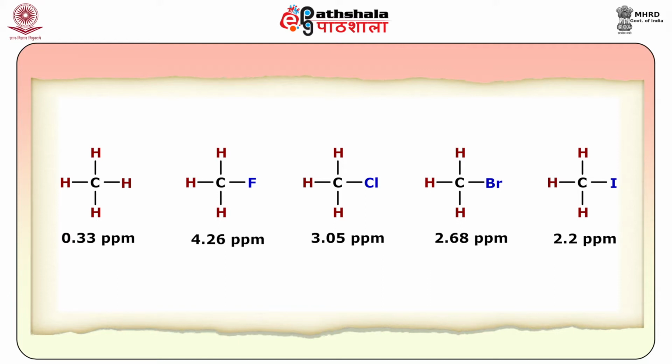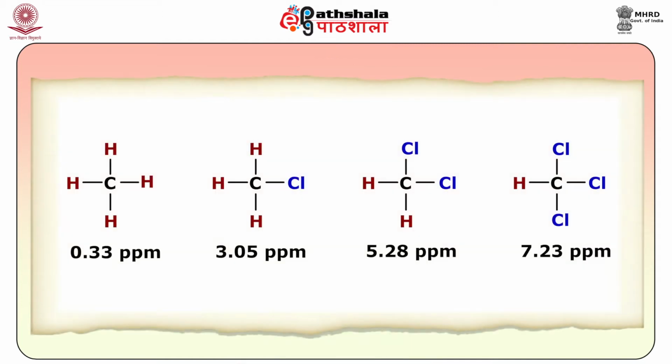Since fluorine is the most electronegative atom, the chemical shift of methyl fluoride protons is very high. Whereas iodine, because it is the least electronegative amongst the halogen series, shows a lower value of chemical shift than methyl fluoride. The structures and the ppm values are shown here in the figure.